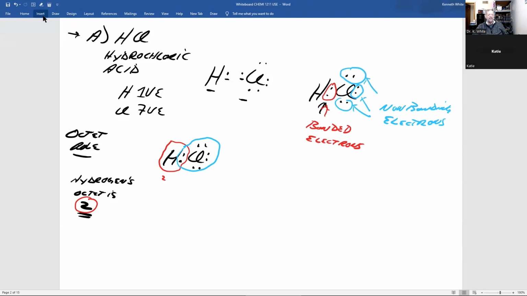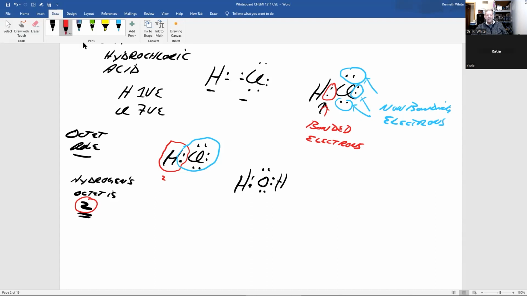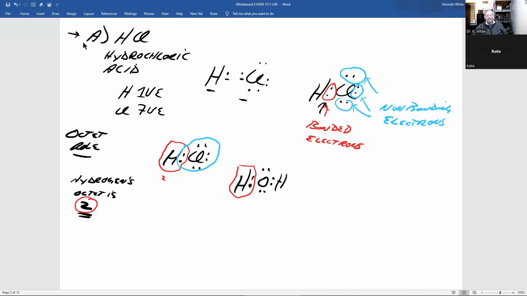Let's do this again for water. Now, if we do again in red, each hydrogen, that's the number of bonded and non-bonding electrons it has, and that's 2.